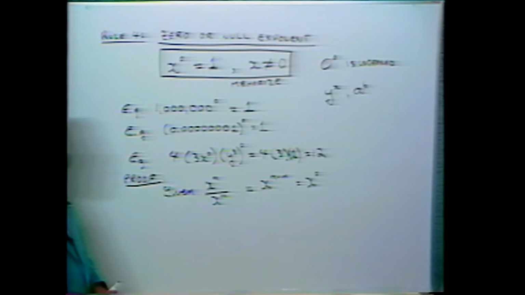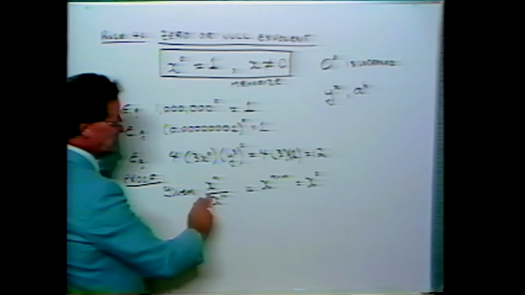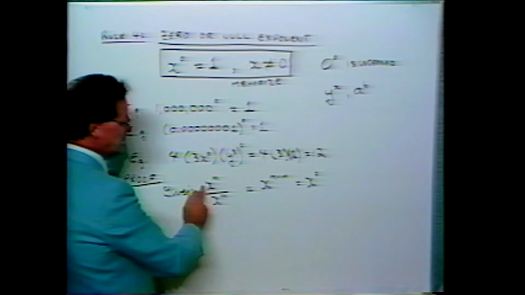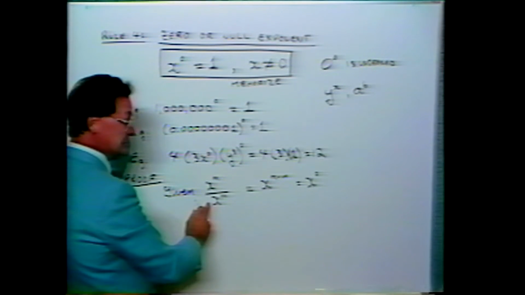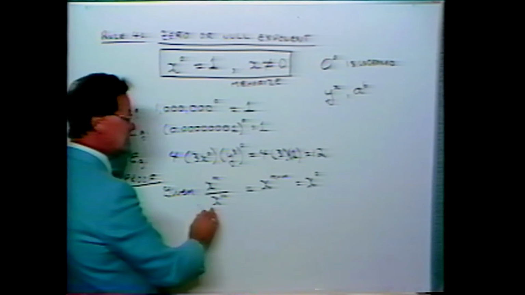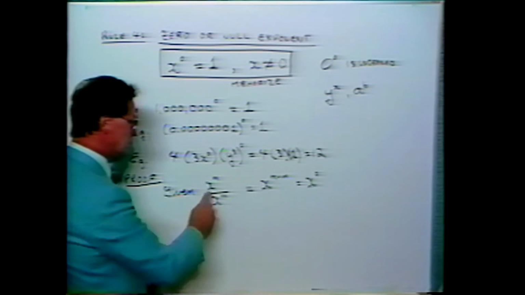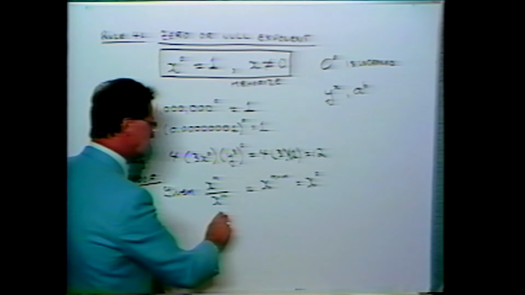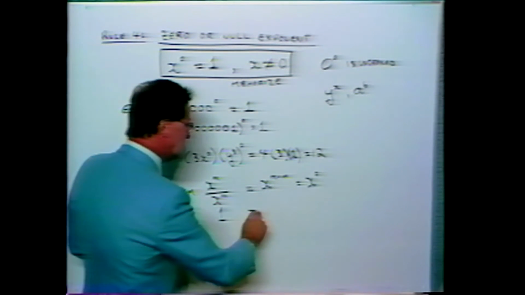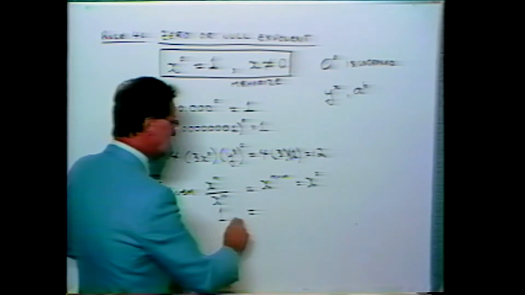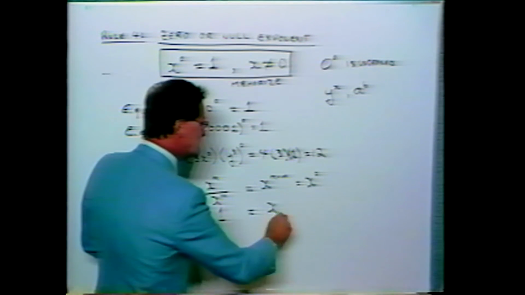But by the rule of simple fractions, where you have the same expression in the numerator as you have in the denominator, the entire fraction can be replaced with a 1. So this is equal to 1. And consequently, the conclusion is that 1 is equal to x to the 0.